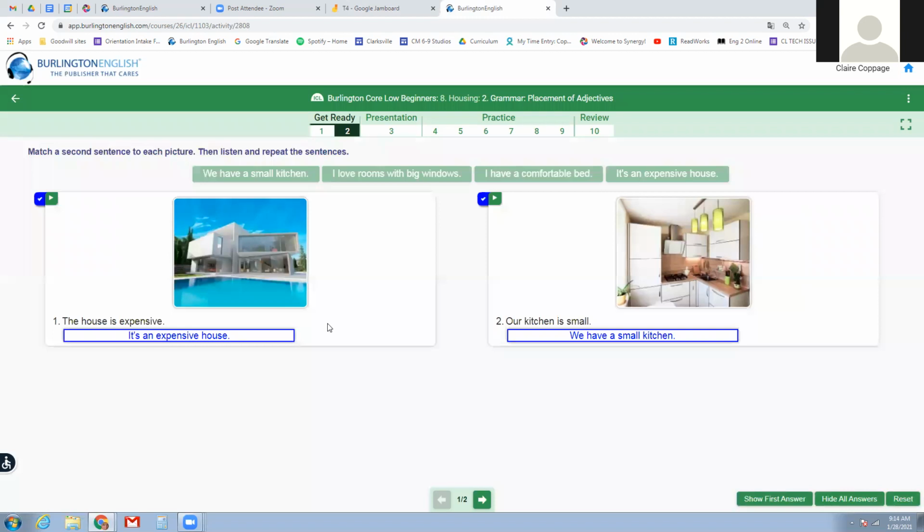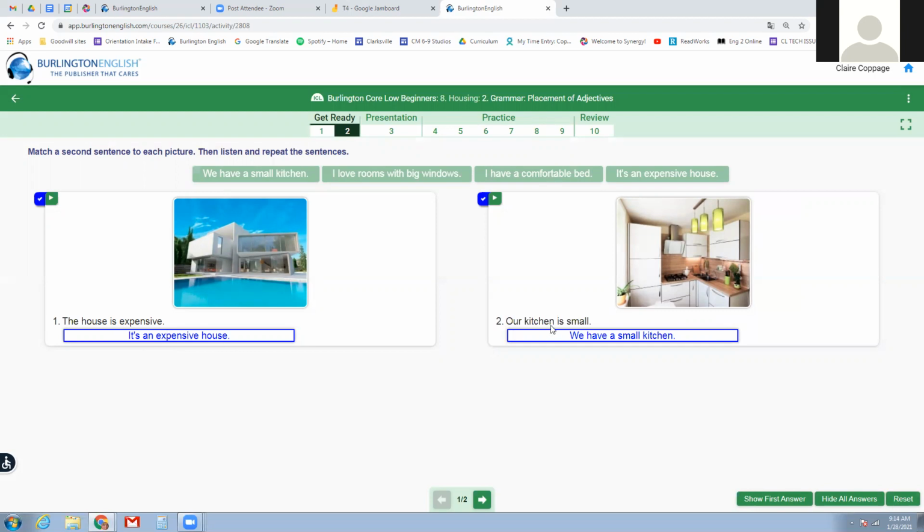Would you like to live in that house, Rocio? Sí. I like that pool. So we have the house is expensive. We're using the verb form of to be. Another way to use an adjective is it's an expensive house. And the adjective expensive comes before the noun house.